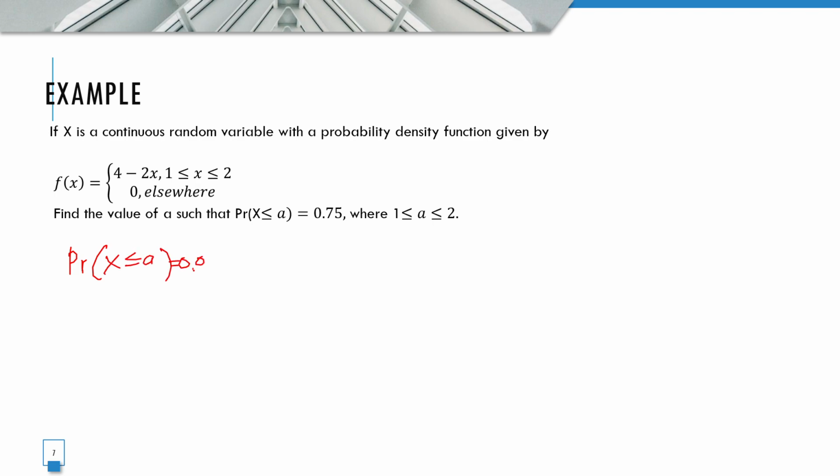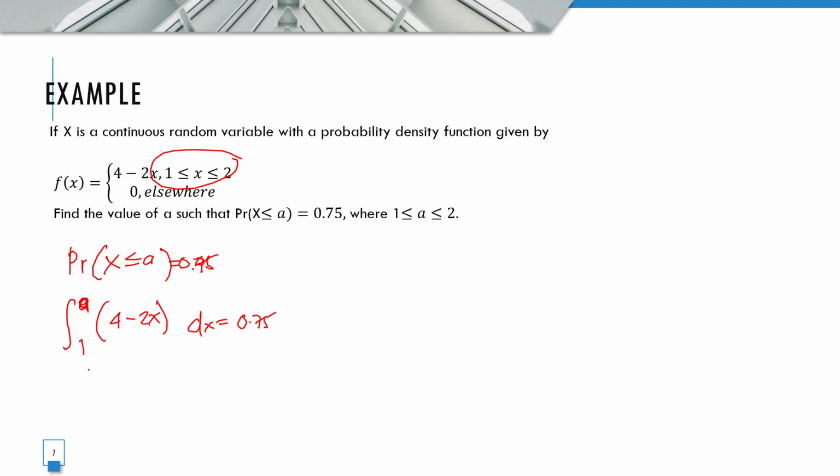So first, we need to have the probability that x is less than or equal to a, that is 0.75. So this is the function. So therefore, since it is less than or equal to a, starting with this interval, we have here the integral, a is the limit, from 1 to a, of 4 minus 2x as a function, dx, is equal to 0.75.